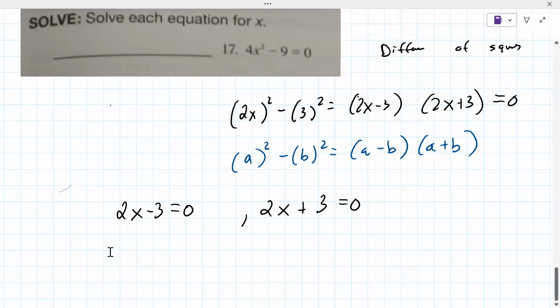I assume we would add 3 to both sides. Yes, add 3 for this one, subtract 3 for this one. Yeah, so go ahead and see if you can work those out.